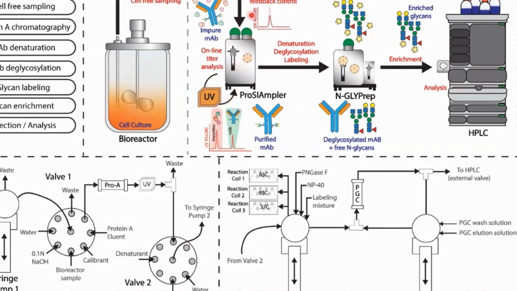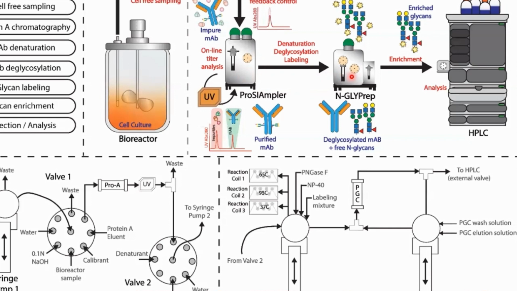We're able to correlate, build and normalize a feedback control based off concentration, so that we know every single time the concentration of the antibody before we start the labeling, deglycosylation, and sample enrichment. We always bring it to about 0.1 to 0.2 grams per liter before we send it to the N-GlyPrep system.